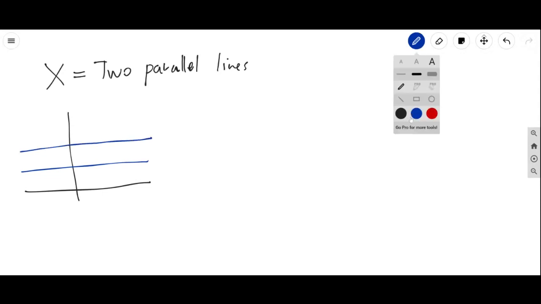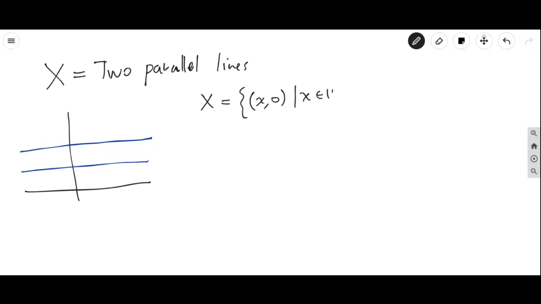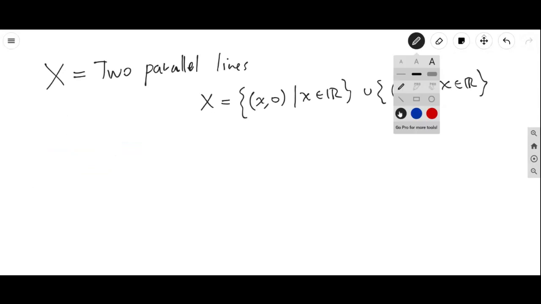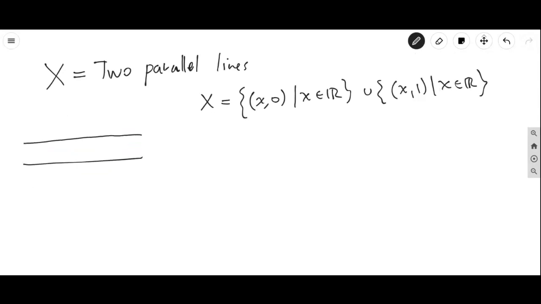And here's what we're going to do. X is going to be this. As a set, it's going to consist of (x, 0), where x is a real number, union (x, 1), where x is a real number. So let me redraw it. These are two copies of the real line.